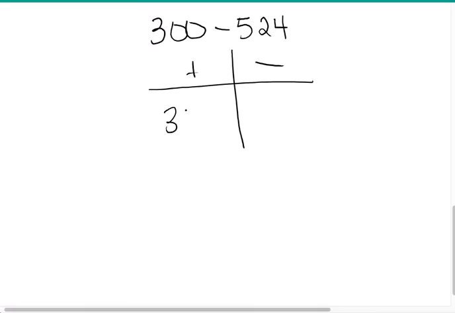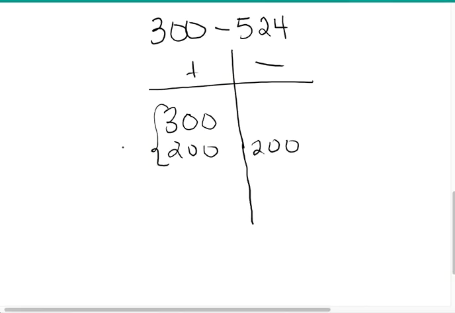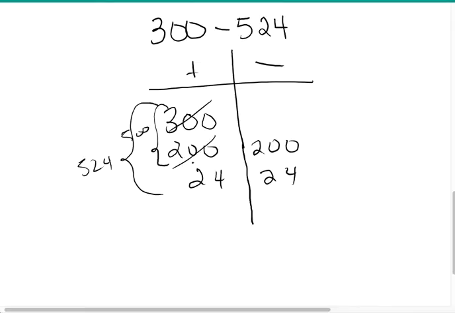Now 300, and we have to get a difference of 524. So if we added 200 to both sides, 200 zero pairs, that's 500, and I could add 24, 524, so I can now take away the 524 positive, and I'm left with 224 negatives.